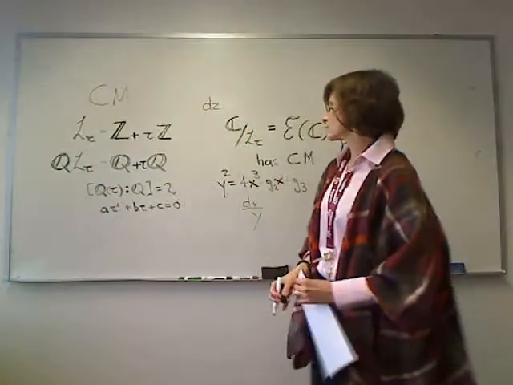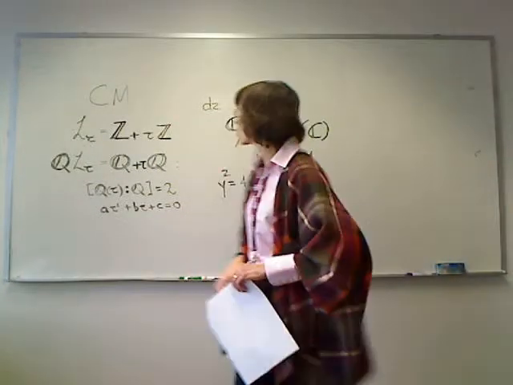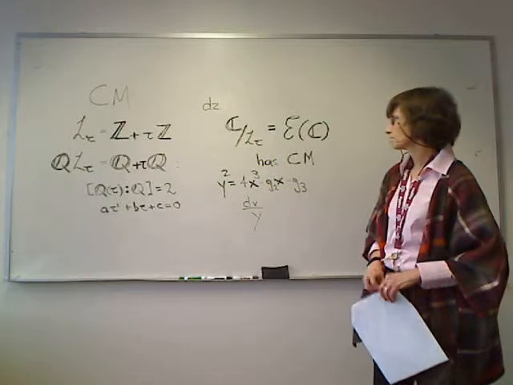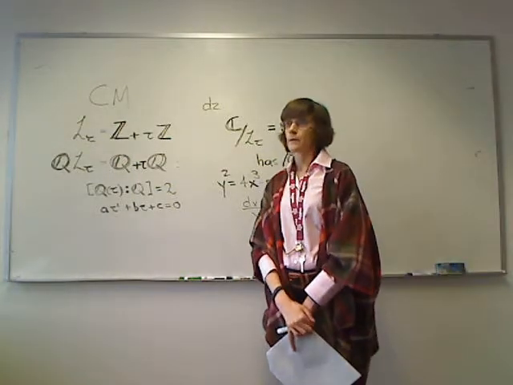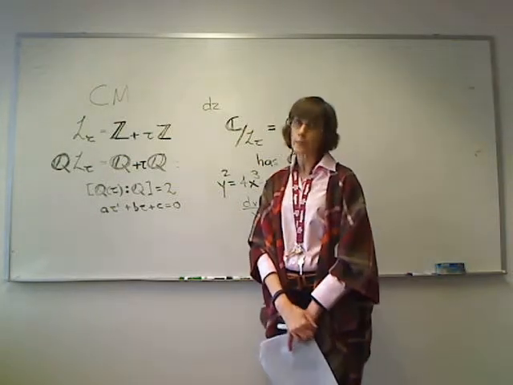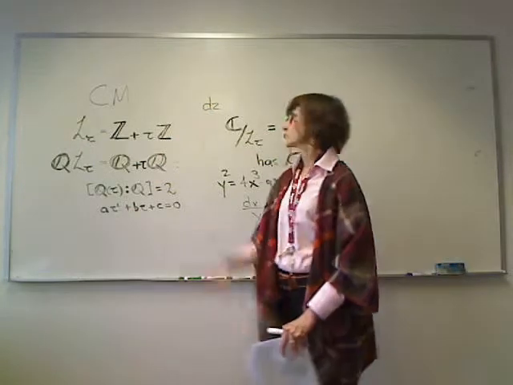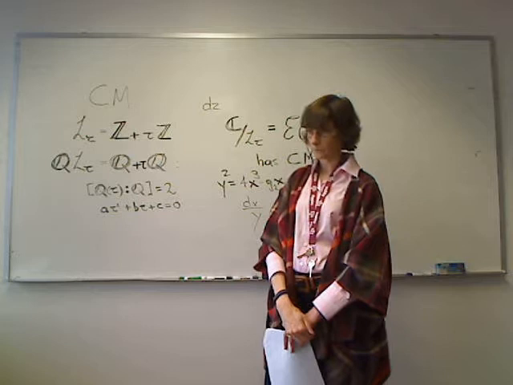And there are several definitions of Calabi-Yau manifolds, but they all contain the condition that this is a complex manifold of dimension n, which has up to a constant a unique, non-vanishing holomorphic n-form. So if you like, the higher dimensional analog of our dz.